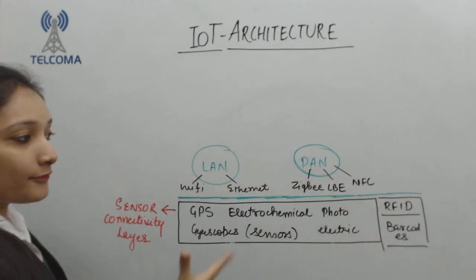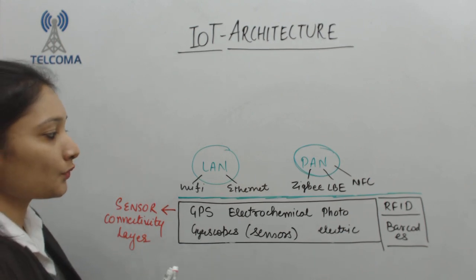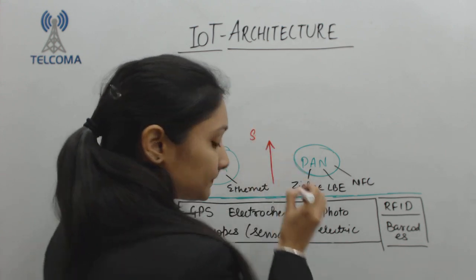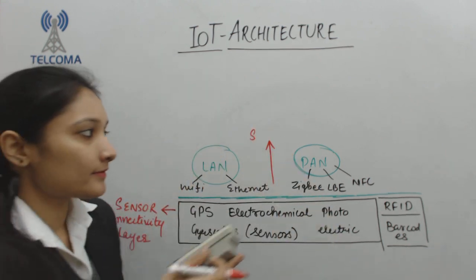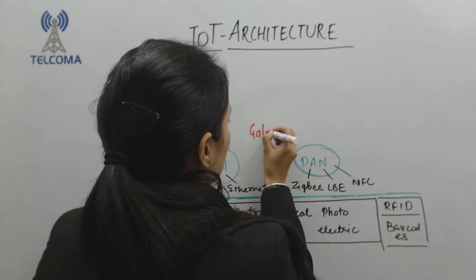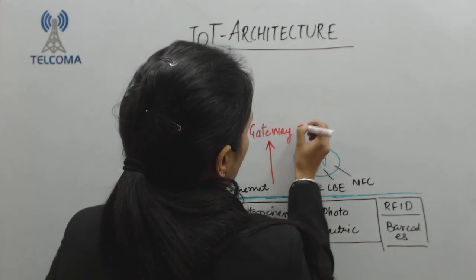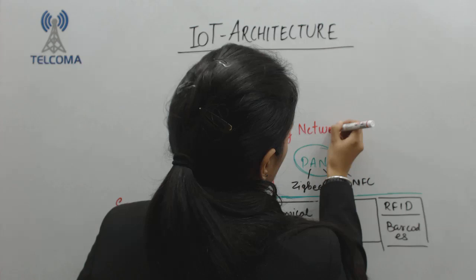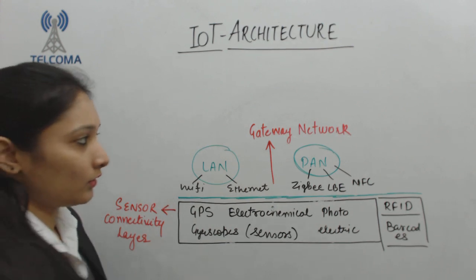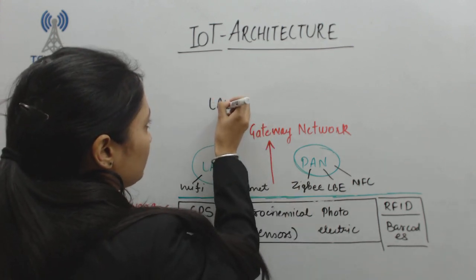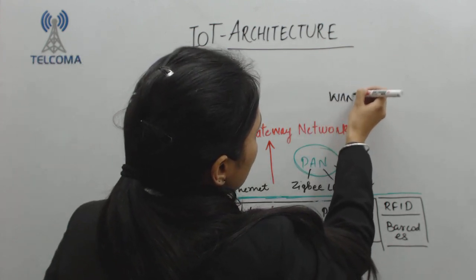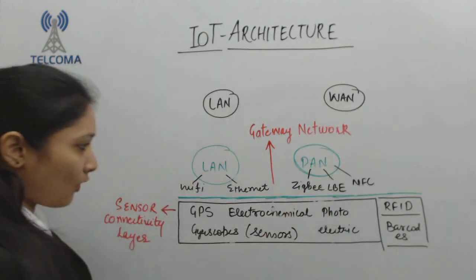So, from the sensor hub, you need to connect to your gateways, that is, to your gateways and networks. You need here to connect to the gateway network. Now, your gateway network will have LAN and your wide area networks also.